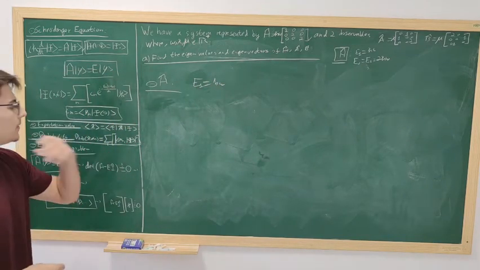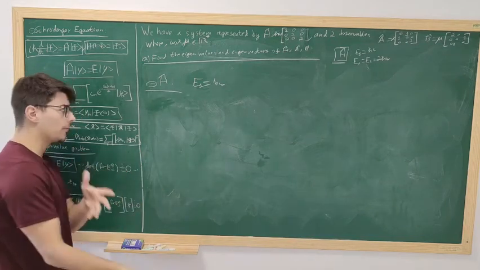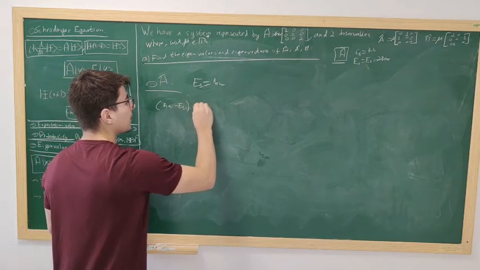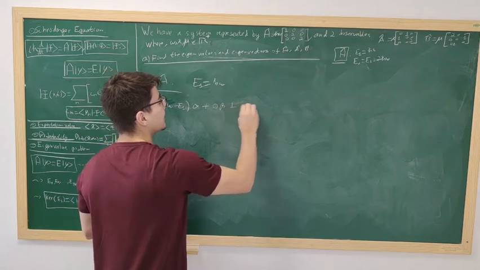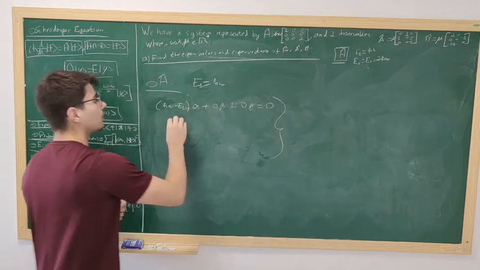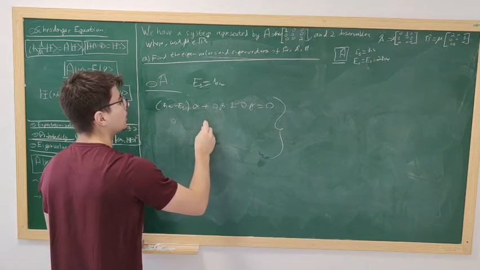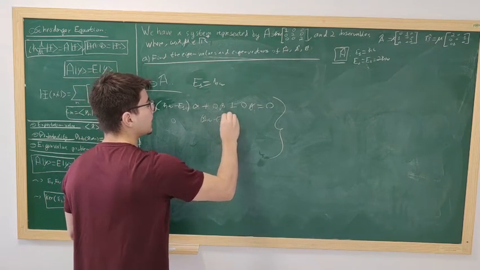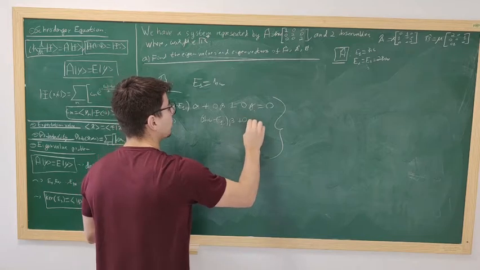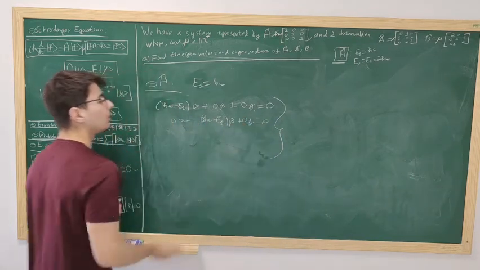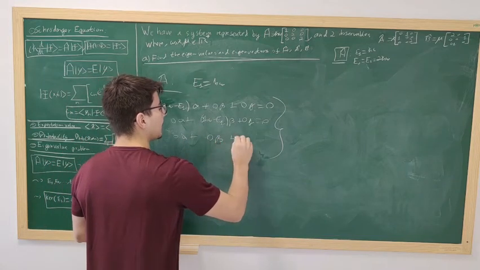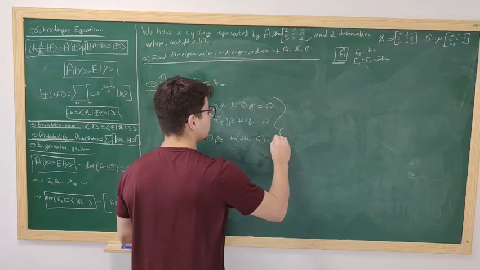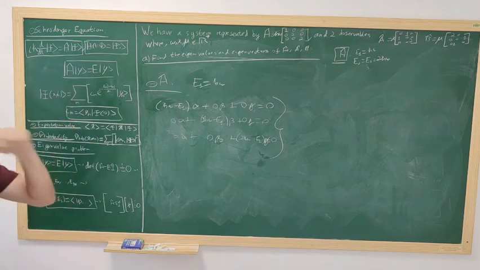We can write this in system of equations form: (ħω minus E1) alpha plus 0 beta plus 0 gamma equals 0, then (2ħω minus E1) beta plus 0 gamma equals 0, and 0 alpha plus 0 beta plus (2ħω minus E1) gamma equals 0.